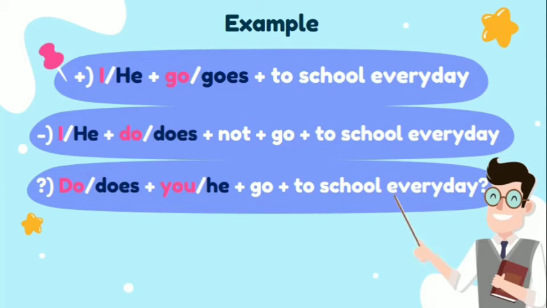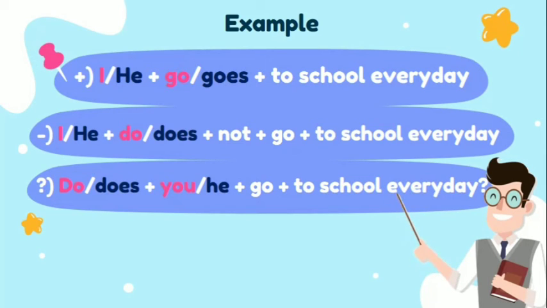And second is the subject he, where we add s, es or ies at the end of the verb. For example, he goes to school every day. In the negative form, he does not go to school every day.